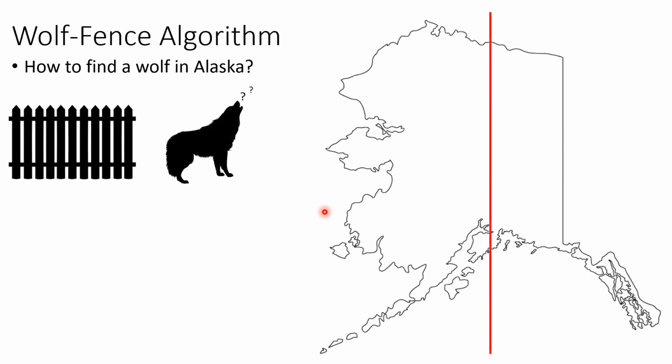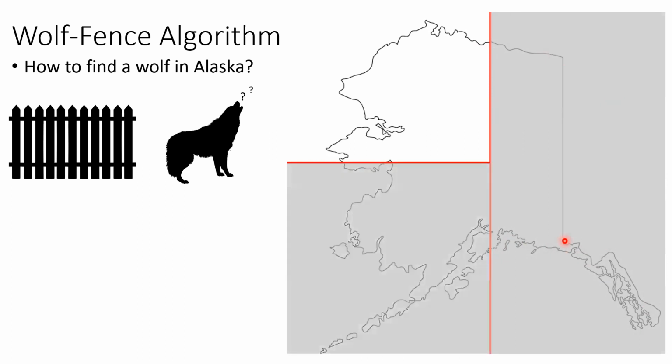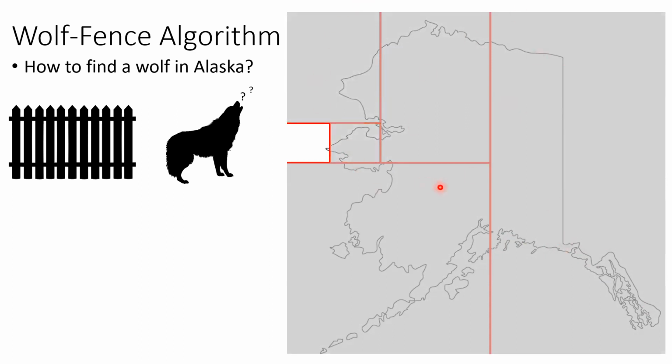You put up a fence in the middle of your search space, and you eliminate one side of the fence once you are sure that the wolf is not on this side. Then you put up another one and continue eliminating until you have eliminated everything and you have the last small fraction of the search space that you are sure the wolf is in.